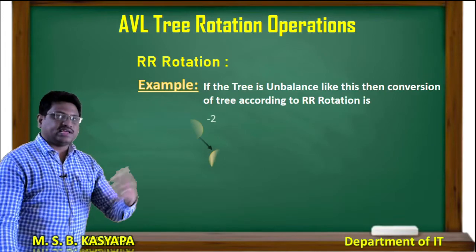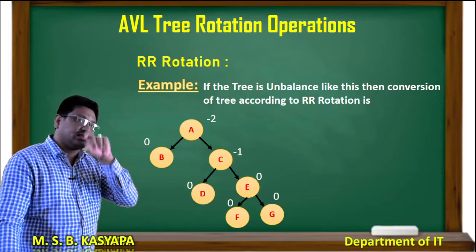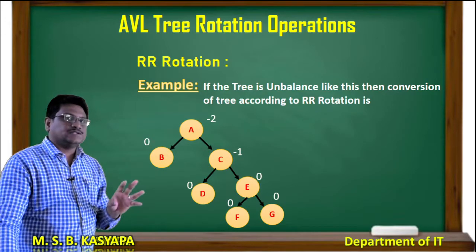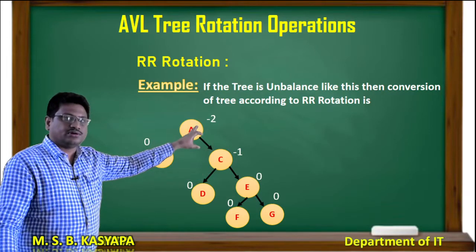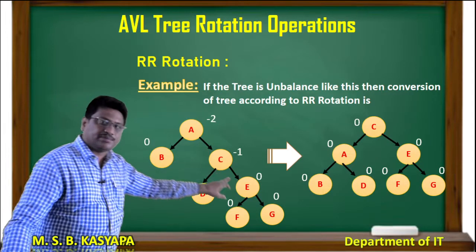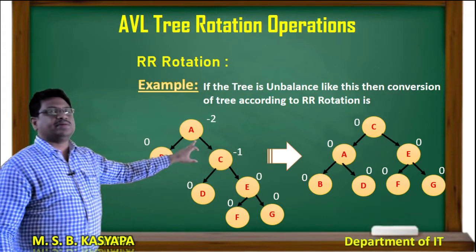Okay. Now, let us take the example. We have already discussed this thoroughly in the LL. The same operations are happening in this one also. So in this, first right one, C will become the root node. If C has any right subtrees, I will make them the right subtree for C, and A becomes the left child.